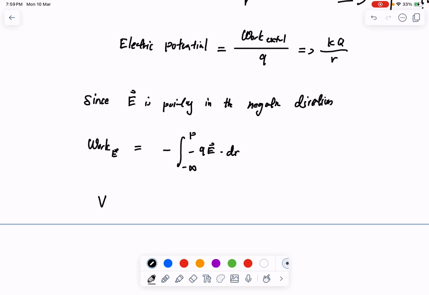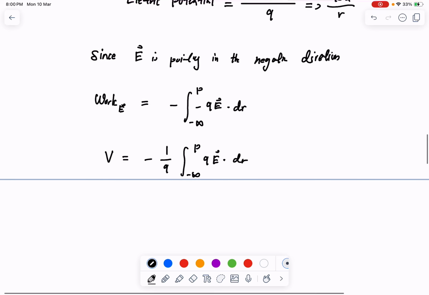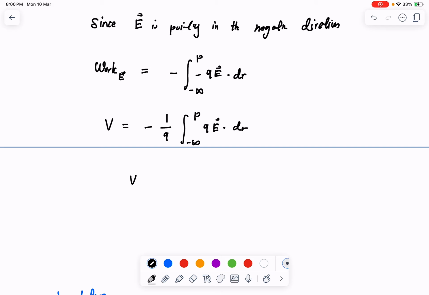So V is 1 over q, the negative integral from negative infinity to P of qE dot dr. Thus, V is given by, sorry, just a negative here.